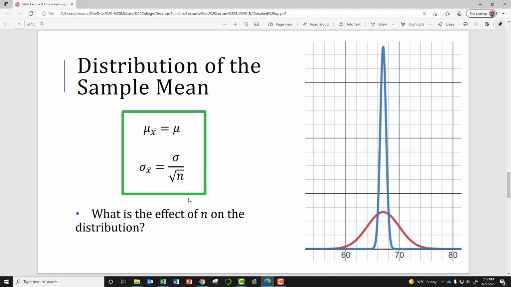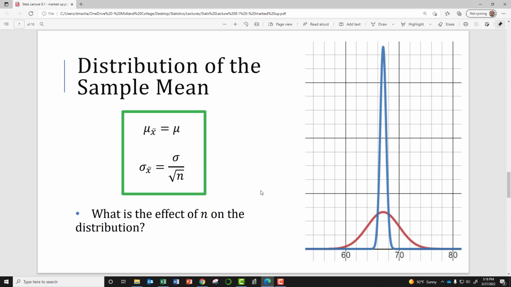And so the effect of our sample size on the distribution is that whenever the sample size grows larger and larger, the standard deviation of the distribution of the sample mean is going to get smaller. Think about that, because when n gets larger, square root of n gets larger as well.